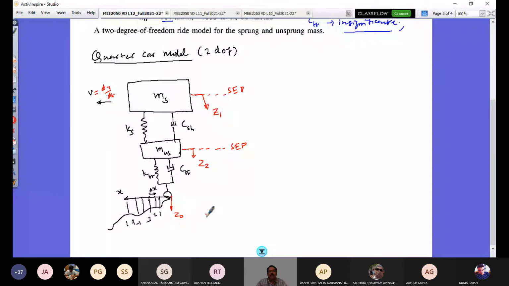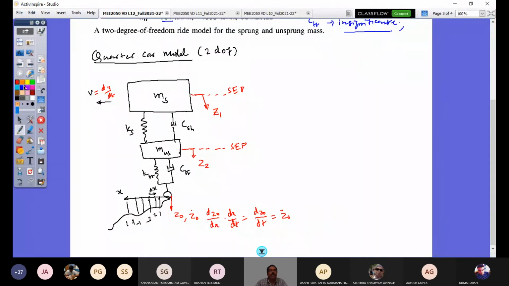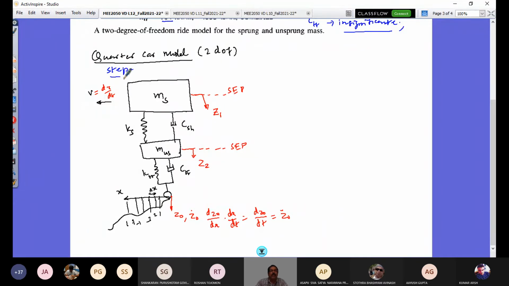So the slope dz0 by dx multiplied by dx by dt would give you dz0 by dt, which is z0 dot. So I would have here z as well as z0 dot like that, right? As the vehicle goes over this. So this is the first step of any vibration analysis. This is step 1. So in step 1, what are you doing? You are making a physical model description of your vehicle.